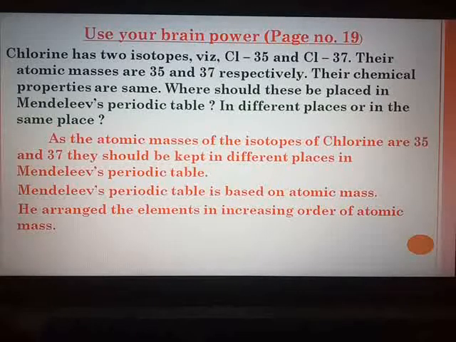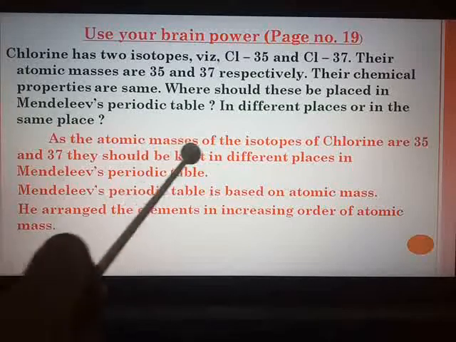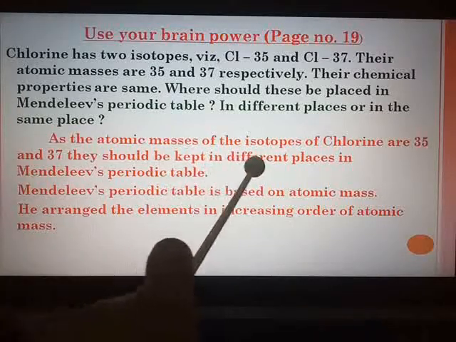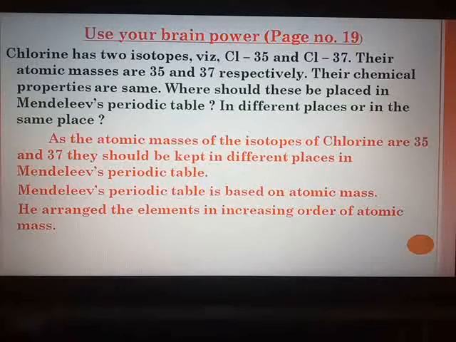Since the elements are placed in increasing order of atomic mass, when the atomic masses of both the isotopes are different, they should be kept in different places, even though the chemical properties of chlorine are the same. I hope you have understood this very simple application of the concept you have studied in Mendeleev's periodic table.